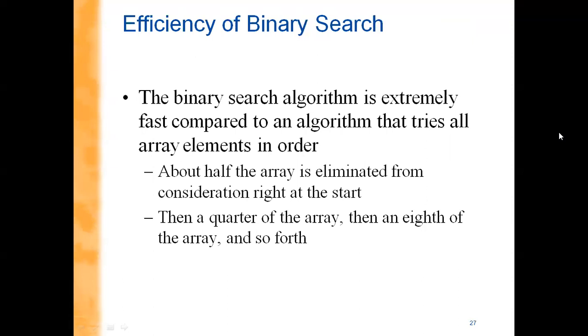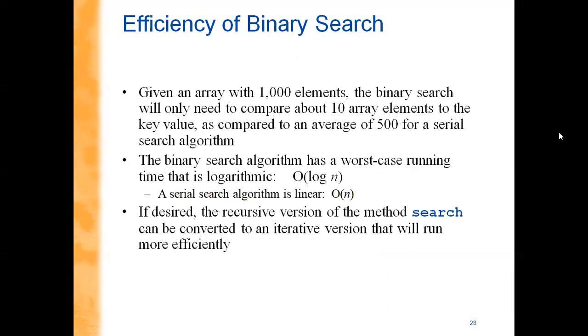This is the efficiency, because in linear search, you may search all the elements up to the last position. But in binary search, you eliminate searching with the help of the mid value, then a quarter of the array, the eighth of the array, and so forth.